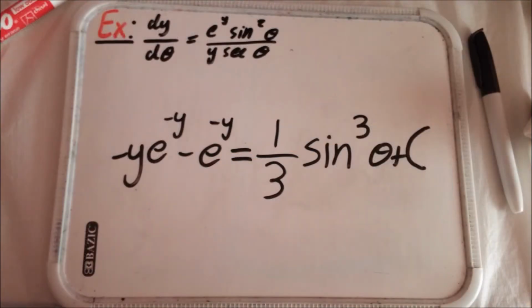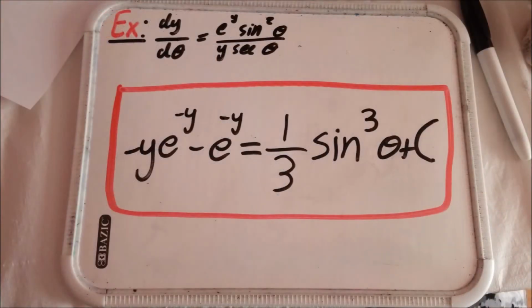We are done with this problem. Our result is negative y e^(-y) minus e^(-y) equals 1/3 sin³θ plus c. There is nothing more we can do, and that is our answer.